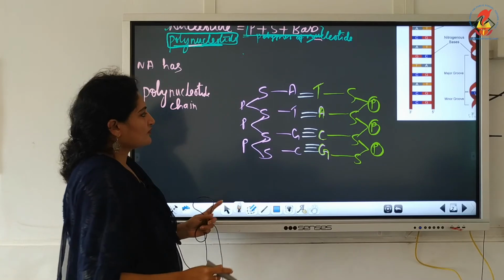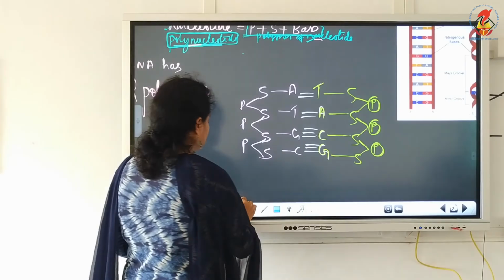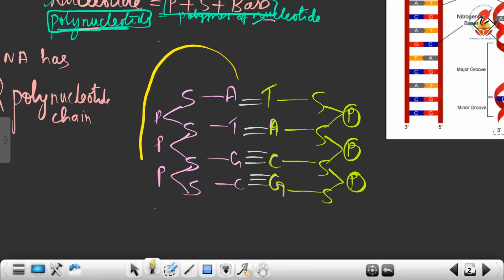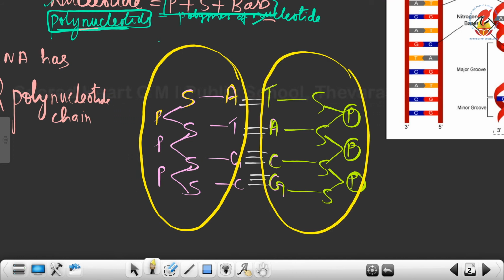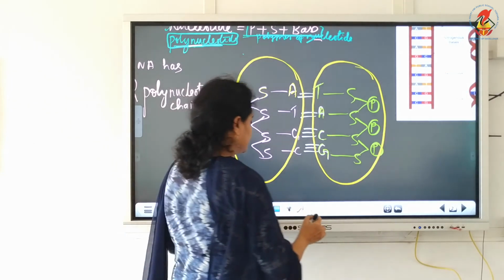Clear? So once again, the pink indicates one polynucleotide chain, which is a polymer of a number of nucleotides having the base, sugar and phosphate units repeated. This is one nucleotide, it's repeated, and this side, indicated in green, is the second polynucleotide chain, a polymer of 4 nucleotides.